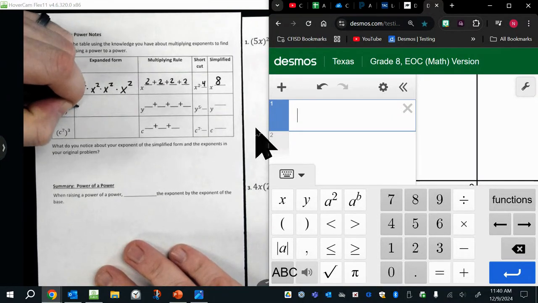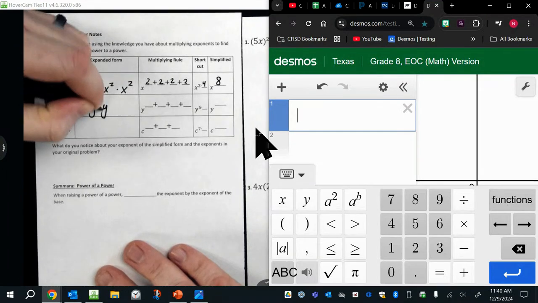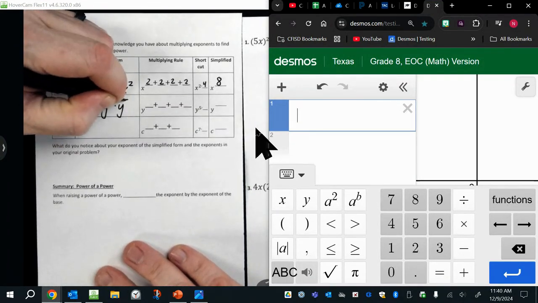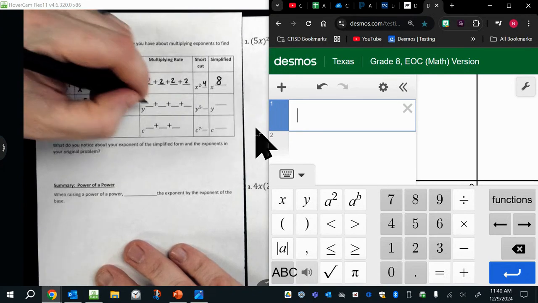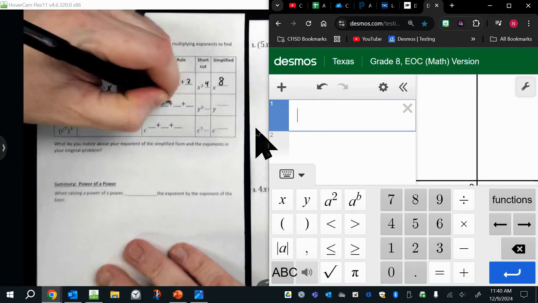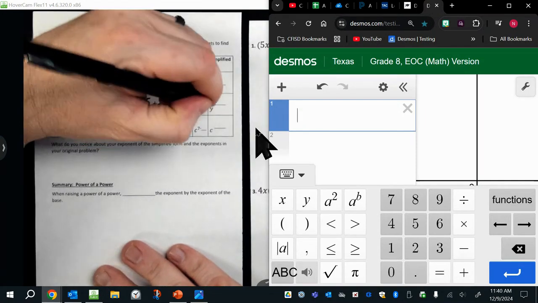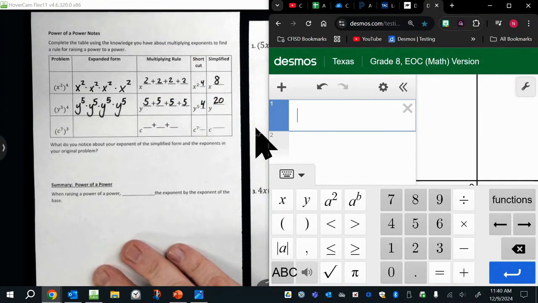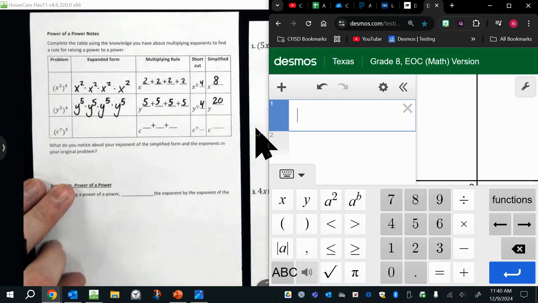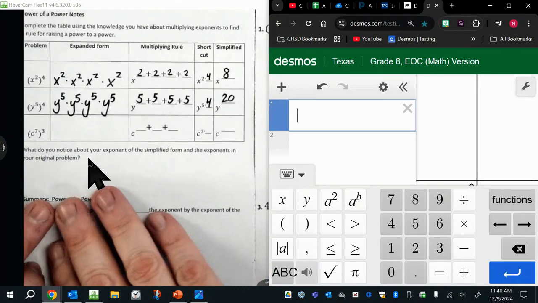How many y's to the 5ths do I have? 1, 2, 3, 4. I have 5, 5, 5, 4 times. And 5 times 4 is 20. All right, so this one, what is this going to read?